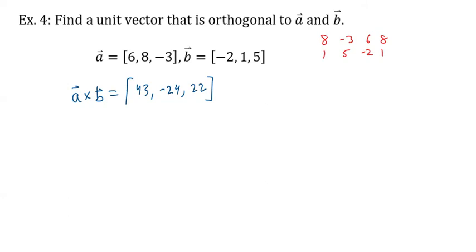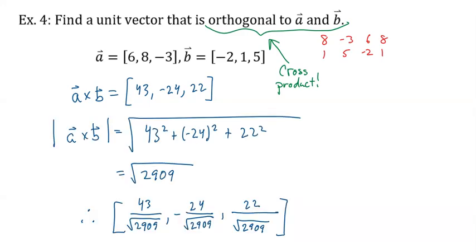So the very first part that you really want to be aware of, find a unit vector orthogonal to A and B. That's saying cross product. And then what do I do? If I want a unit vector that's orthogonal to both, find the magnitude, and then just write out the vector over top of the magnitude like that.